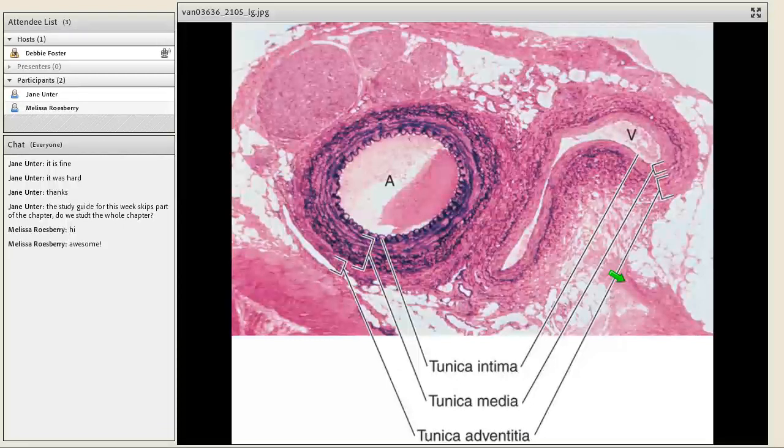So pay a little bit of attention to the different types of layers and what they are. It's pretty straightforward. You've got an endothelium layer, you've got a smooth muscle layer, and then you have a connective tissue layer. But do spend some time looking at those and making sure you understand the comparison.